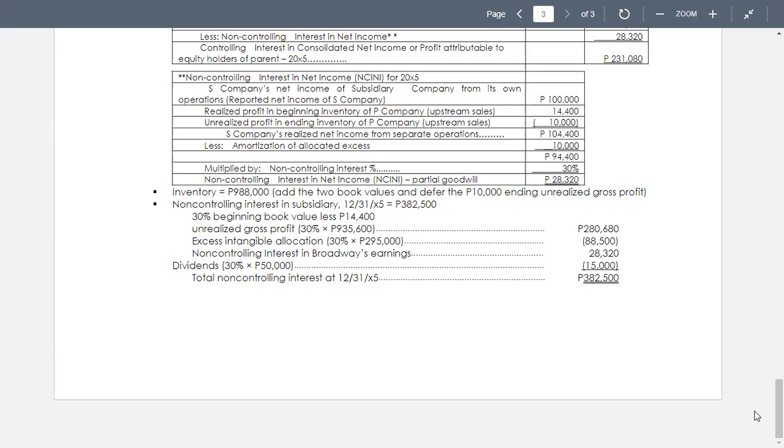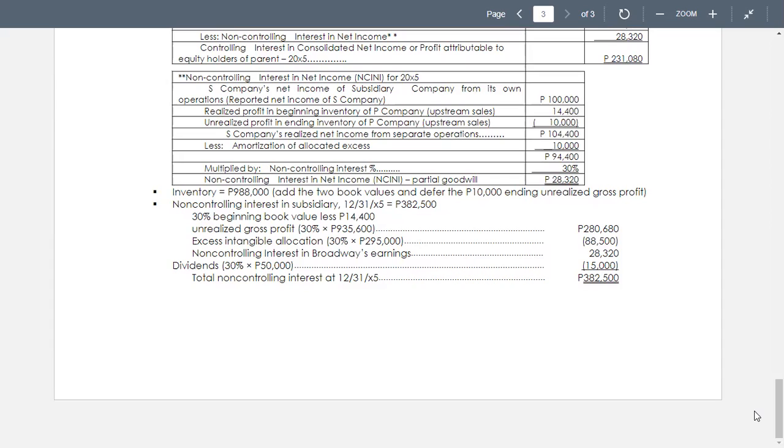Any remaining excess fair value over its book value is to be considered as goodwill. During 20X5, SS sold inventory costing 120,000 to PT for 160,000. So really, it's an upstream sale, and 20% remains.